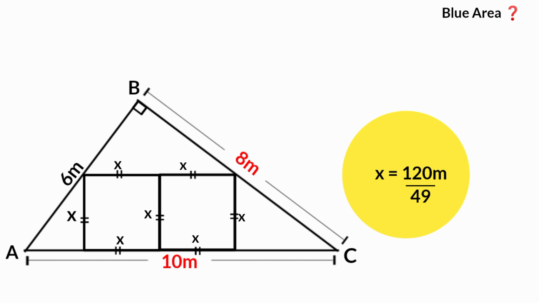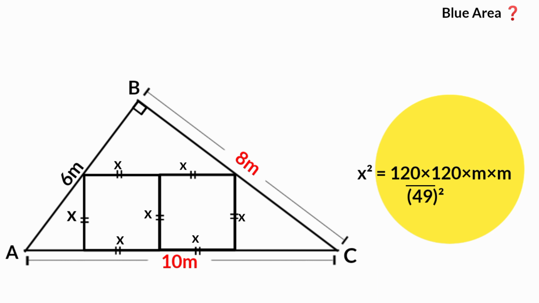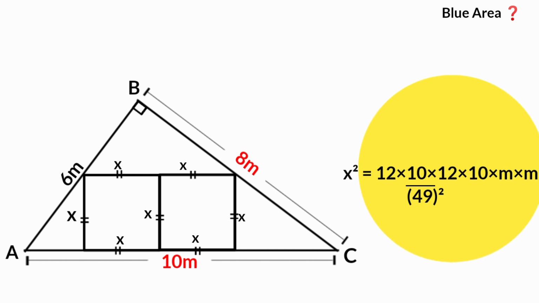If you square both sides now, x squared equal to 120 meters all over 49 all squared. Here 120 meters all squared is the same as 120 times 120 times meters, which I will say 120 is the same as 12 times 10.